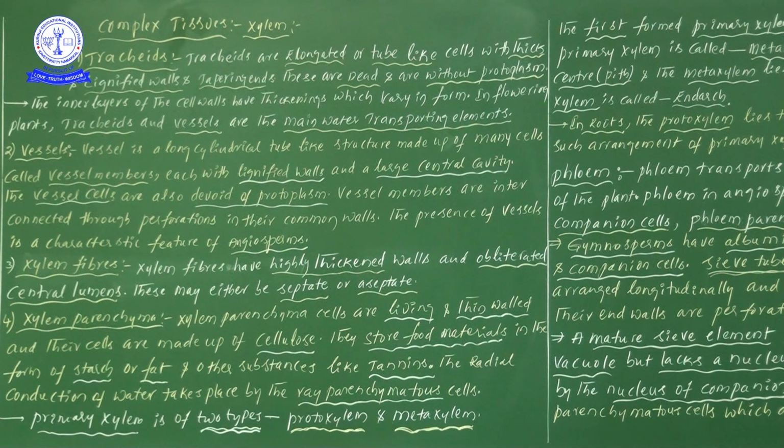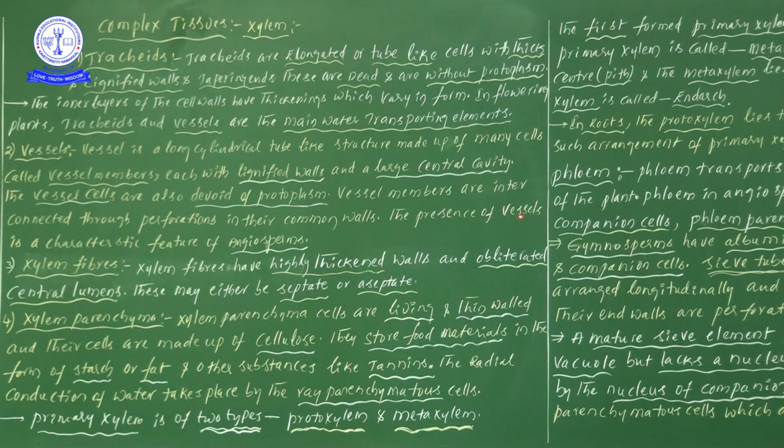One cell consists of hole-like structures, and because of these holes, all cells are connected to each other. I think you are getting it, but no worry, in the next video I will give a suitable diagram so you will understand. Vessel members are interconnected through perforations in their common walls.